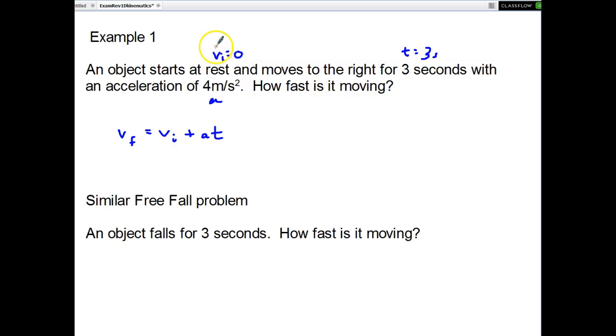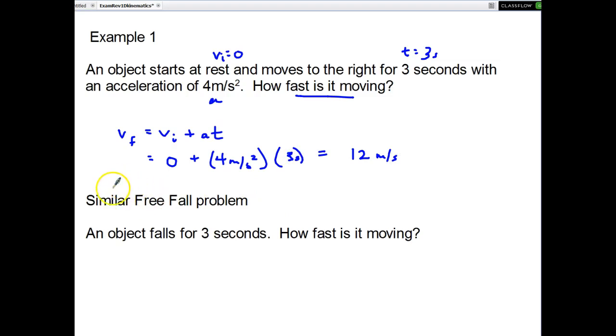I look back at my equations and I find an equation that has what I'm looking for and the variables I'm given. And this is the equation that fit the bill. So the initial velocity is 0. Acceleration is 4 meters per second squared. And it did that for 3 seconds. So that tells me that my final velocity is 12 meters per second.